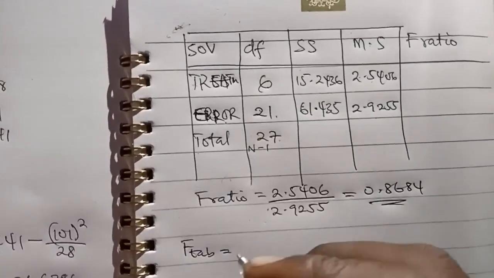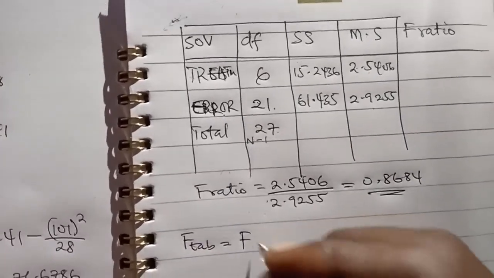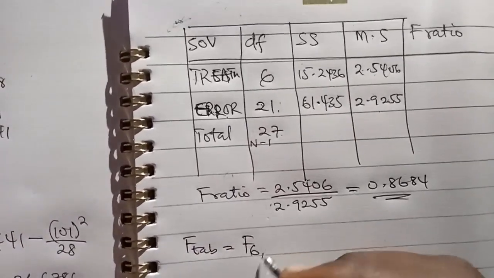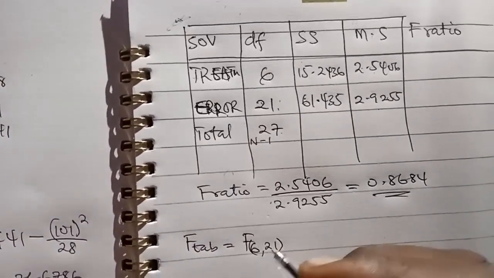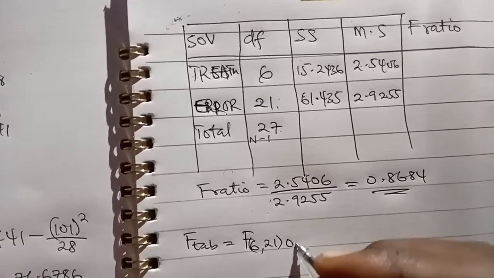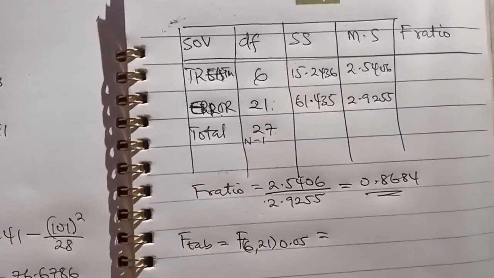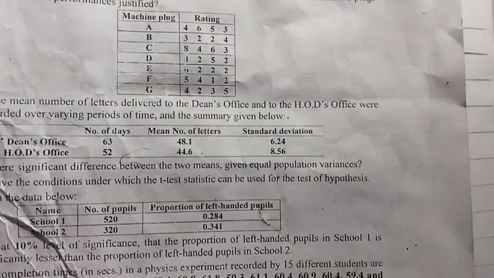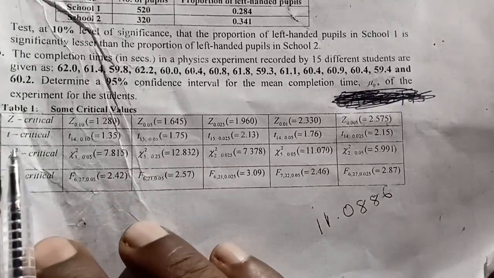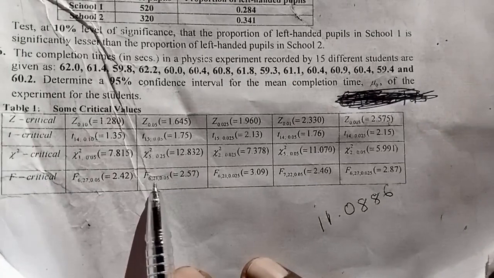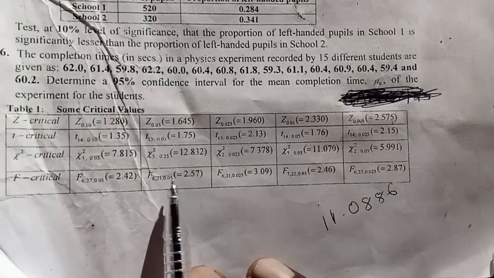So what we'll do is F, the 6, 21. So 6 under 21 under 0.05. So we check the table. 6, 21, F calculated, F critical, 6, 21. So 6, 21, 0.05, that is 2.57.